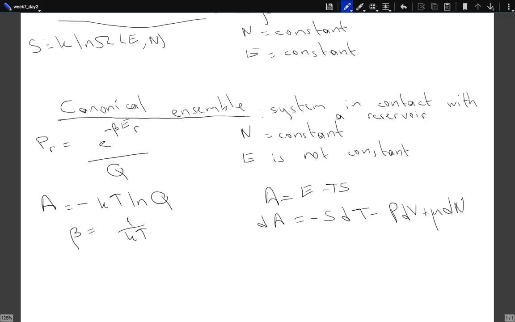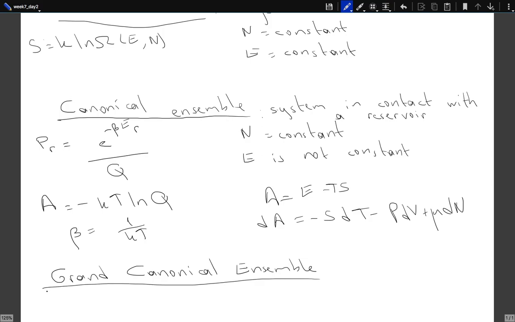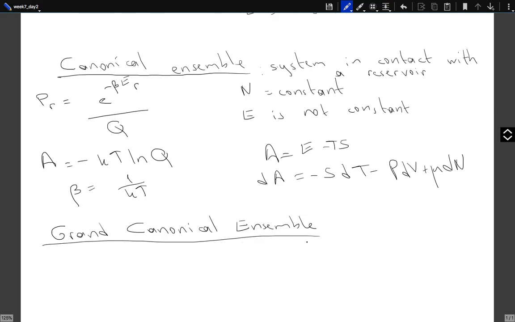Well, the next step would be just to say, well, in the canonical ensemble E is not constant, but N is still constant. The grand canonical ensemble, N also is not a constant.